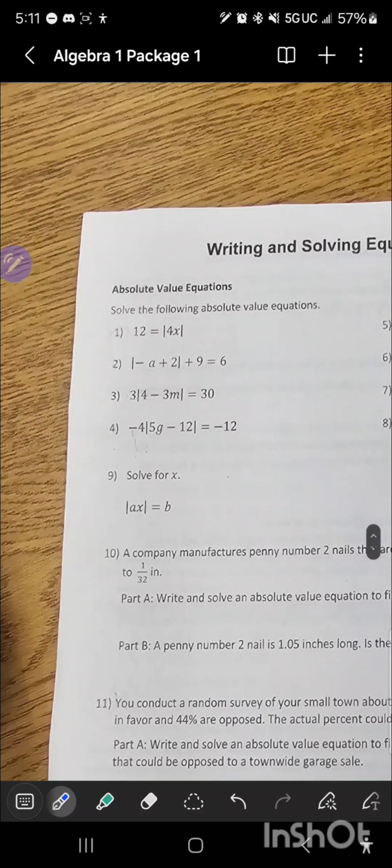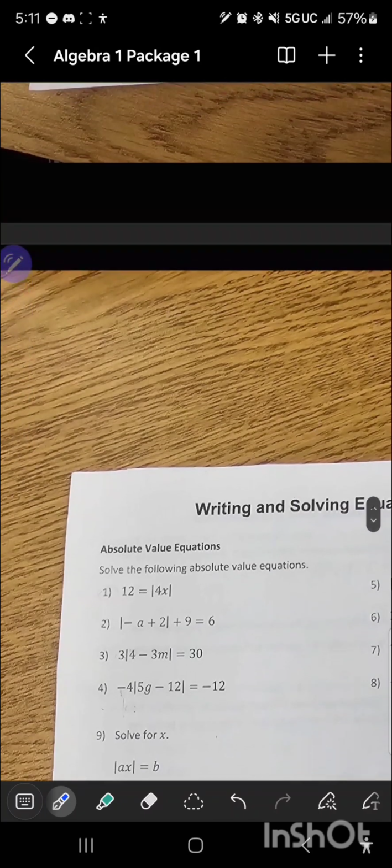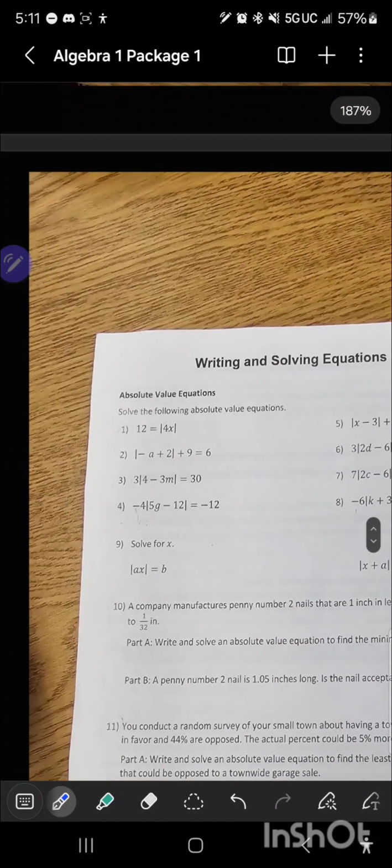Now, absolute value equations. What is important to say about absolute values is that they are always going to have two answers. The meaning of absolute value is that anything inside the absolute value, the result is going to be positive.